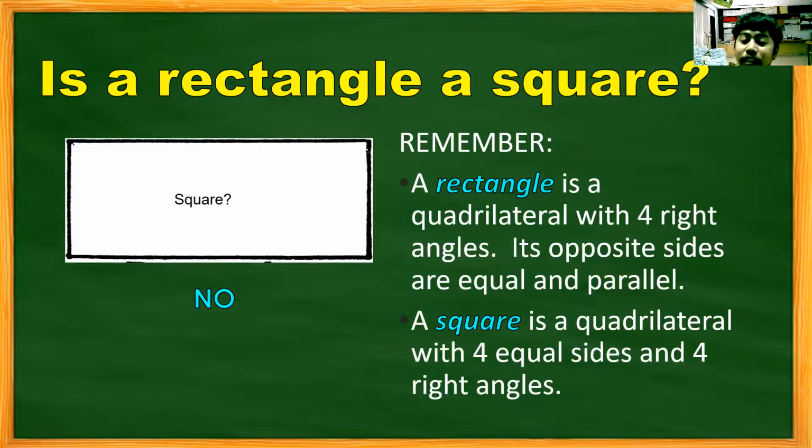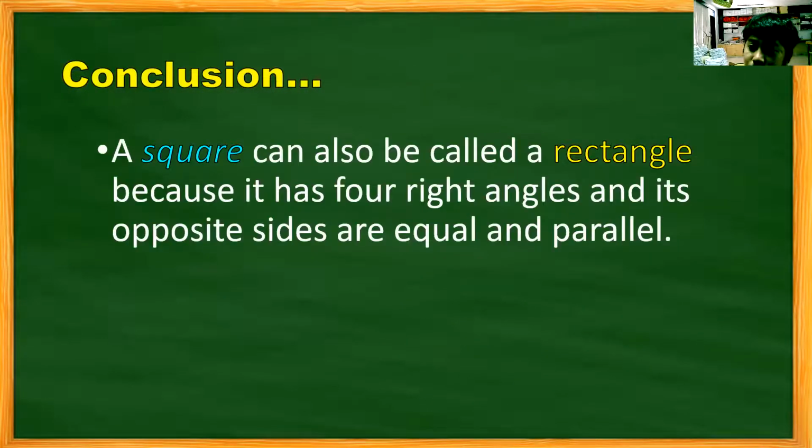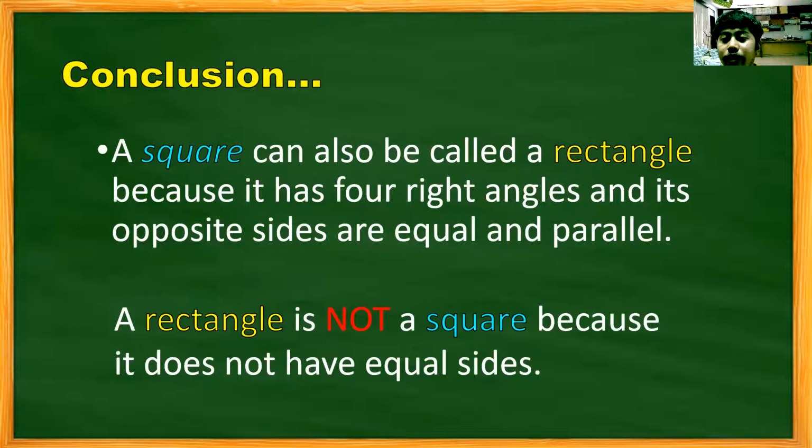It has two opposite sides with parallel measurement. Therefore, the rectangle is not a square, but a square is a rectangle. Okay? A square can also be called a rectangle because it has four right angles and its opposite sides are equal and parallel. A rectangle is not a square because it does not have equal sides.